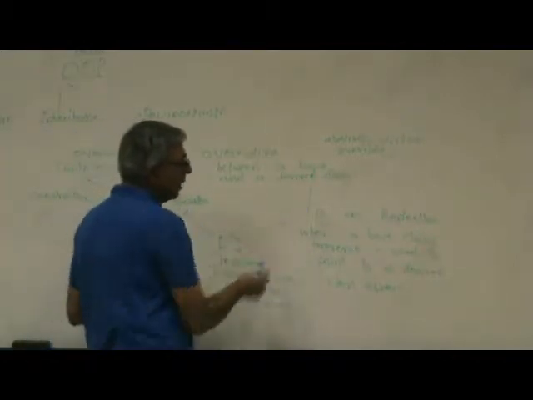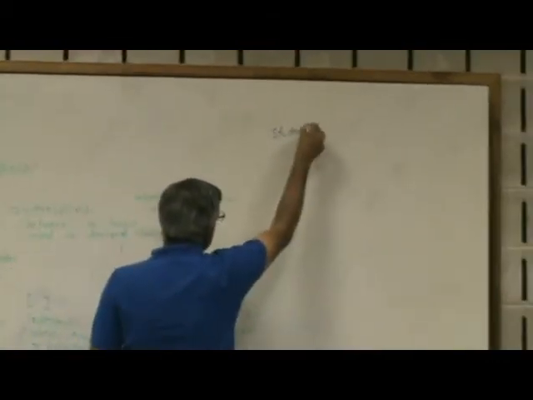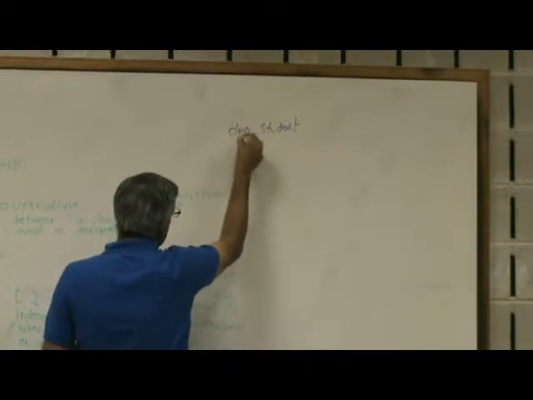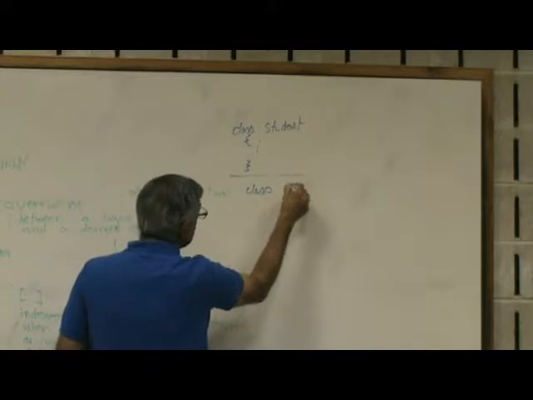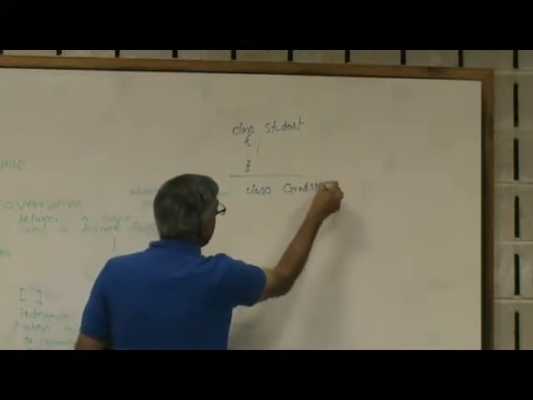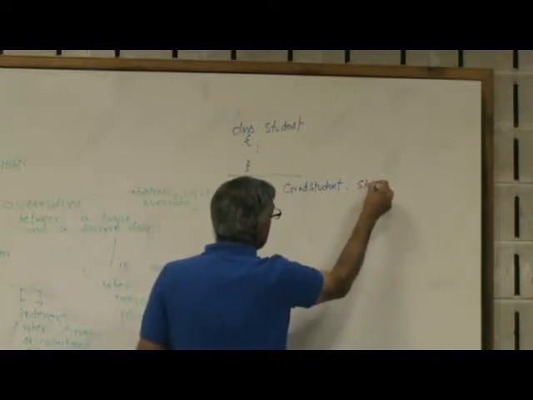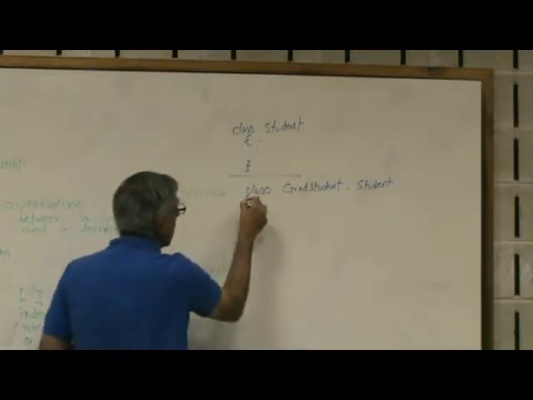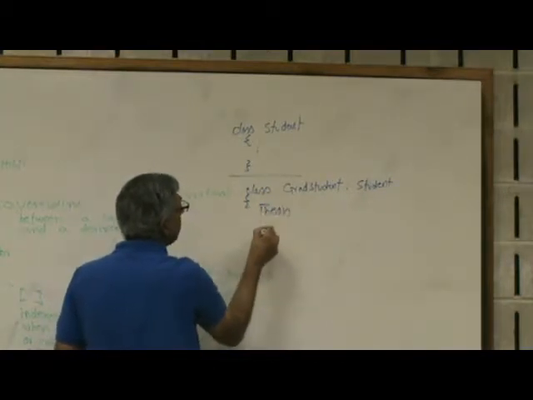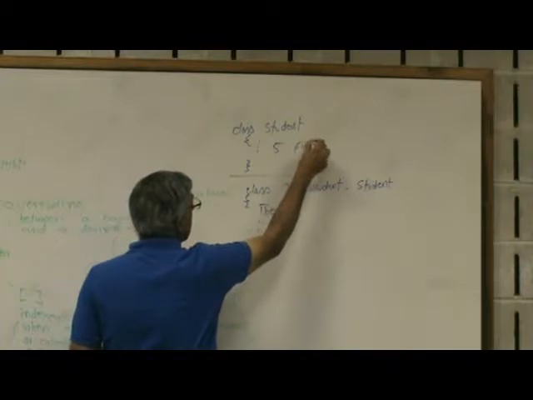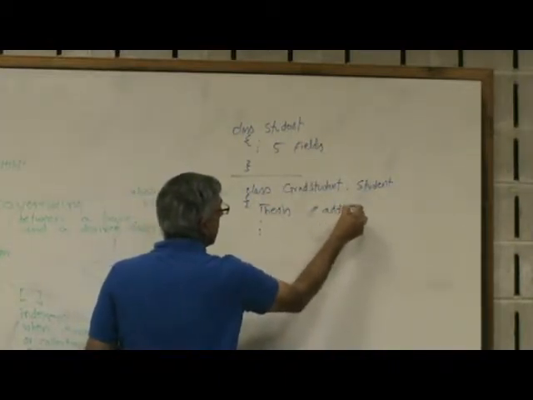So very briefly, to refresh your memory, let's say we had a student class, okay, with let's say 5 fields. We had a grad student class where we inherited from student. And let's say we added the thesis as the extra field, so 5 fields over here. So thesis is the additional field.